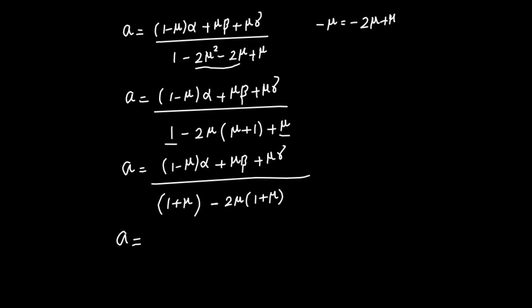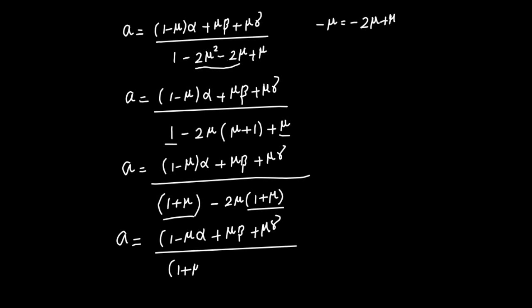Let us do things as clear and explicit as possible. It's going to be 1 minus mu times alpha plus mu times beta plus mu times gamma divided by, I can bring 1 plus mu outside from these two terms. I'll be left with 1 minus 2 mu.